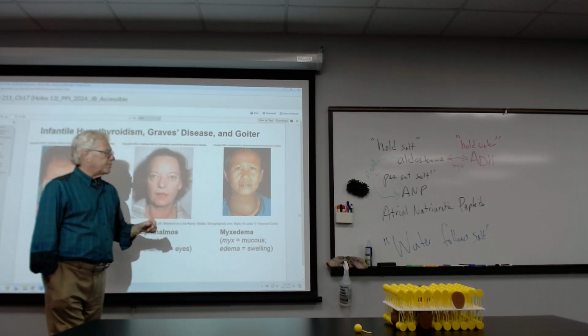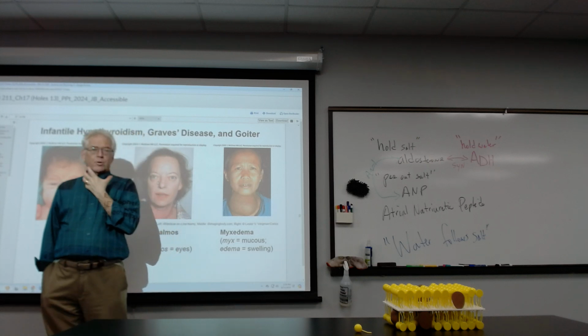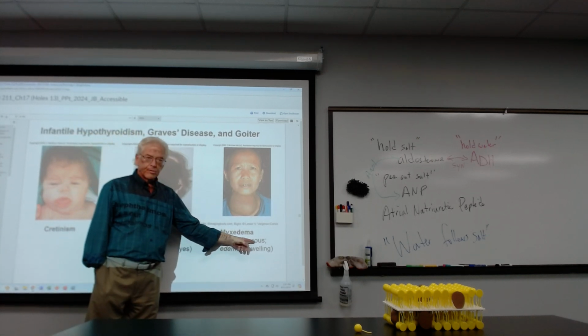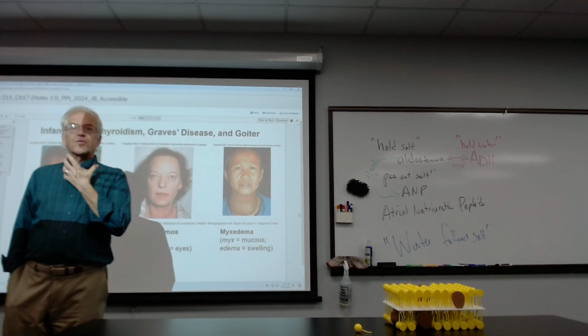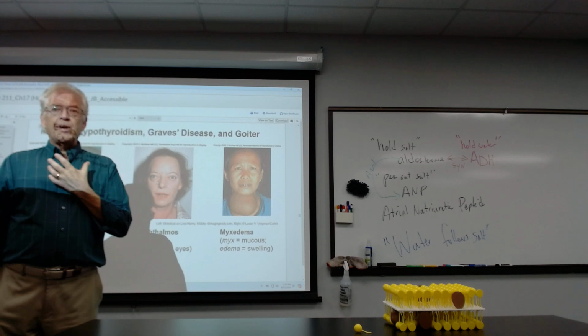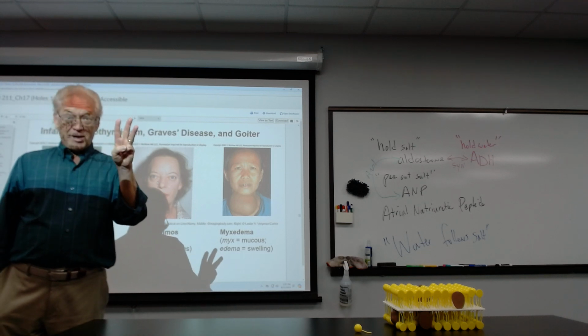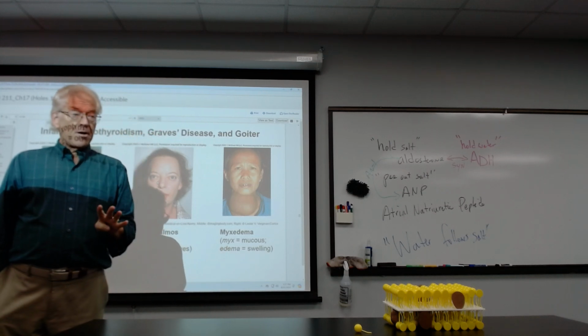Now what is this? This is a goiter. A goiter, also known as myxedema, edema of your myxo mucus glands. This is your thyroid growing extra big because it's looking for iodine. Remember, I need 3 iodines to make triiodothyronine and 4 to make tetraiodothyronine.